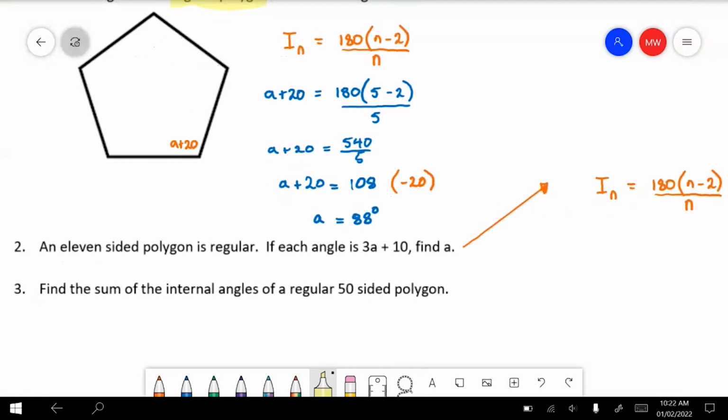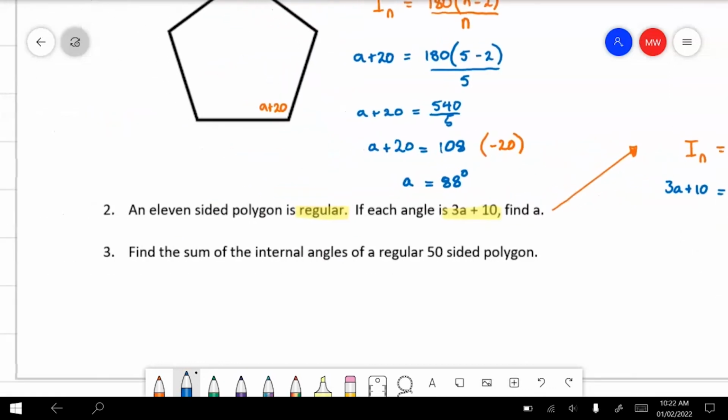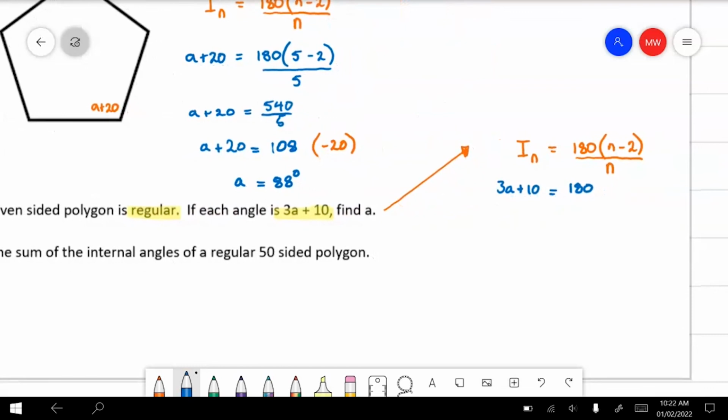The polygon is regular, so we're laughing, and each angle is 3A plus 10, similar to the one before, but just with a little bit extra in it. So each individual angle is going to be 3A plus 10, and then as we fill this out, the number of sides is 11, so it's going to be 11 minus 2 all over 11.